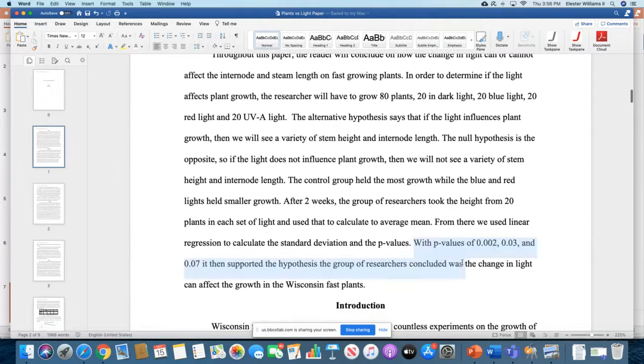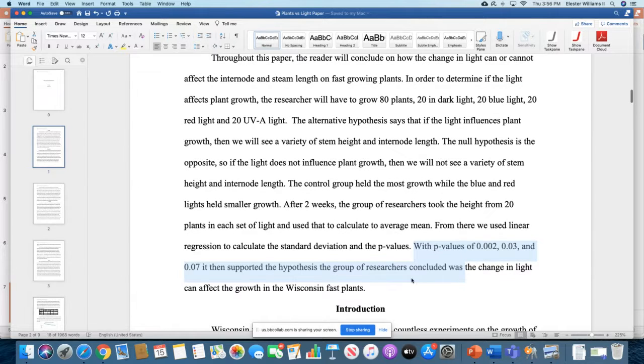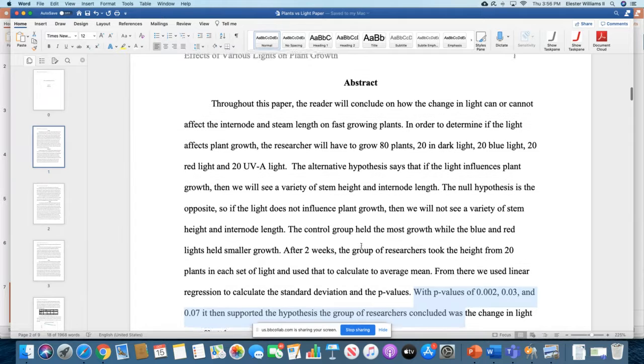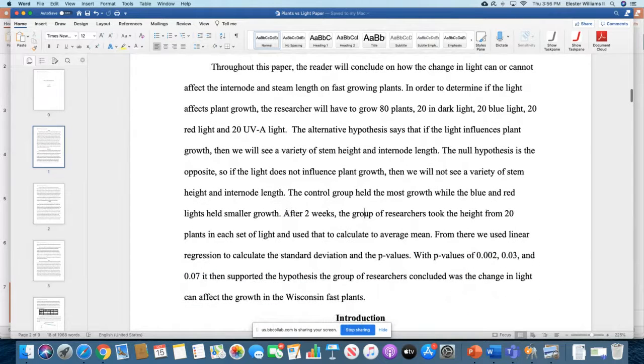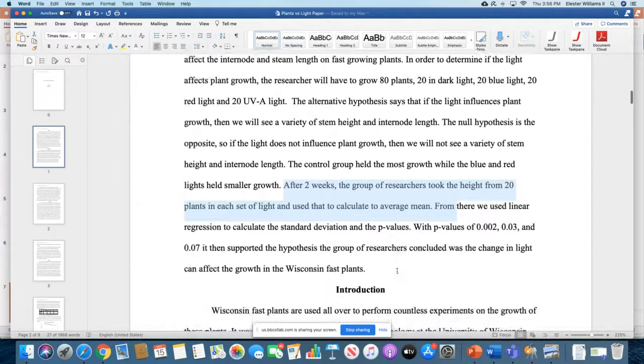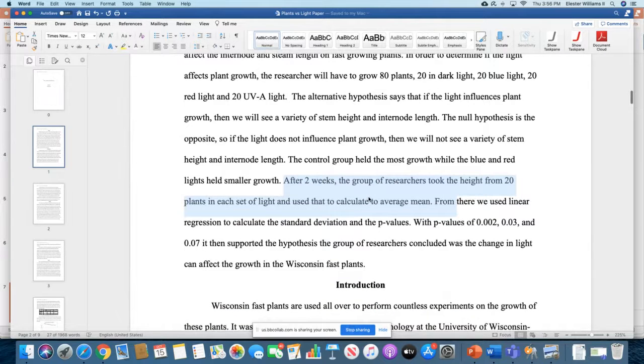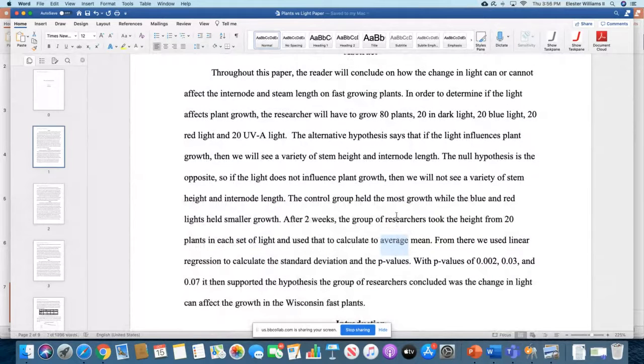So we get some numerical data here. Here it's talking about p-values. I would have liked to maybe see, actually it's up here. So they did include how many plants they used. And they talked about the average mean, but I think it would have been more useful to actually list the average mean instead of saying you took the average mean.